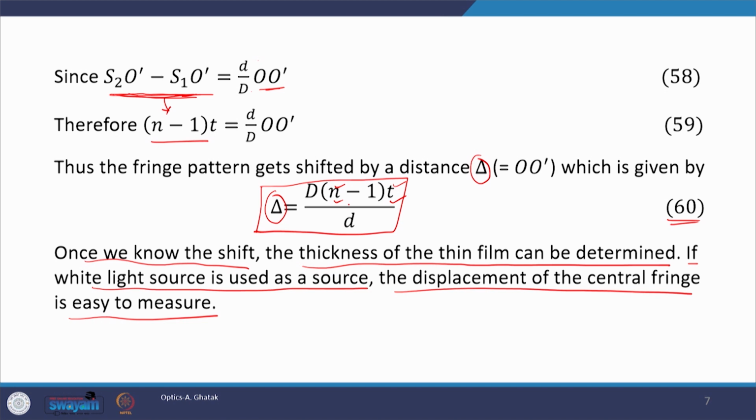Once there is illumination with white light, and now if you insert a thin film, the white light maxima would shift, and using the micrometer and the crosswire we can measure the shift in the white light pattern, and that shift will give the values of O prime or delta, and from here we can calculate things.